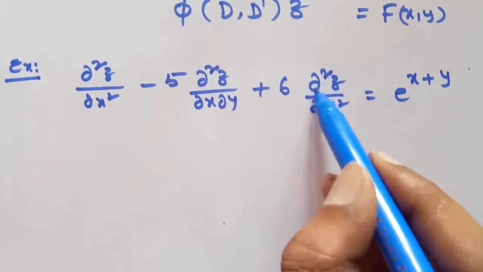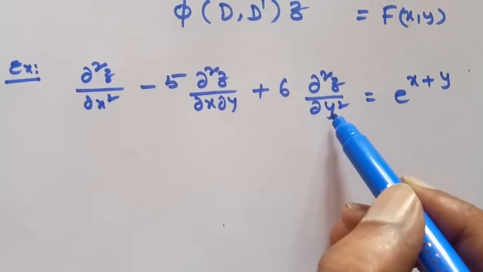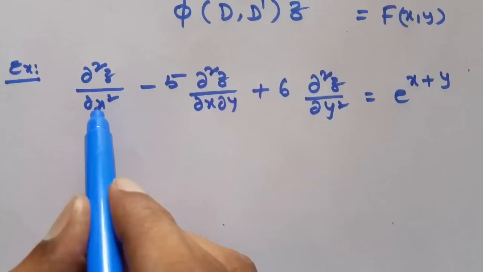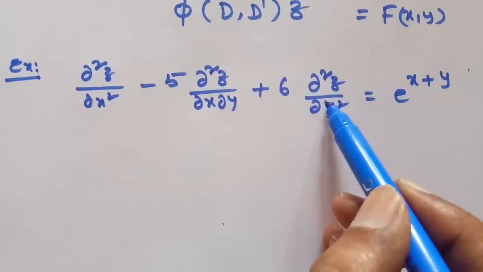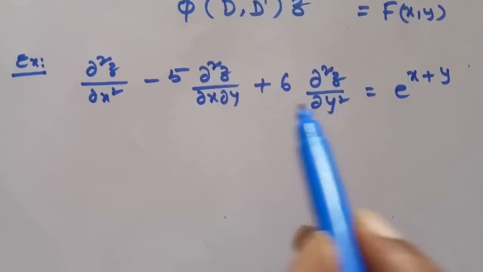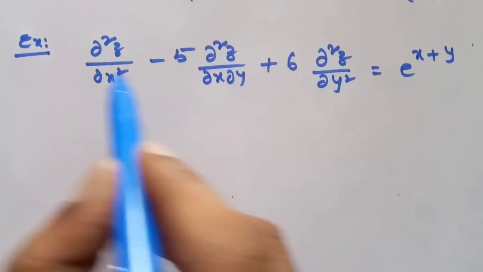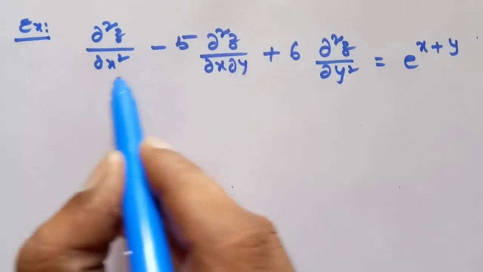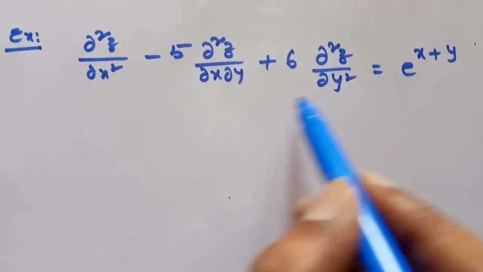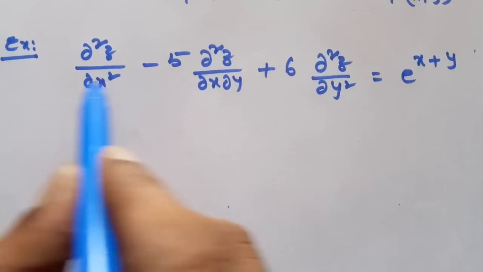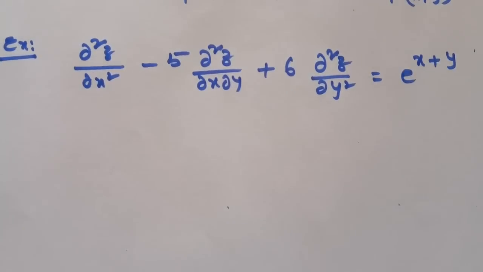This is the second order derivative of z with respect to y 2 times. Here this is second order, this is second order, this is second order. In the entire equation, in each term, we are having only second order partial derivatives. So this is homogeneous of order 2.